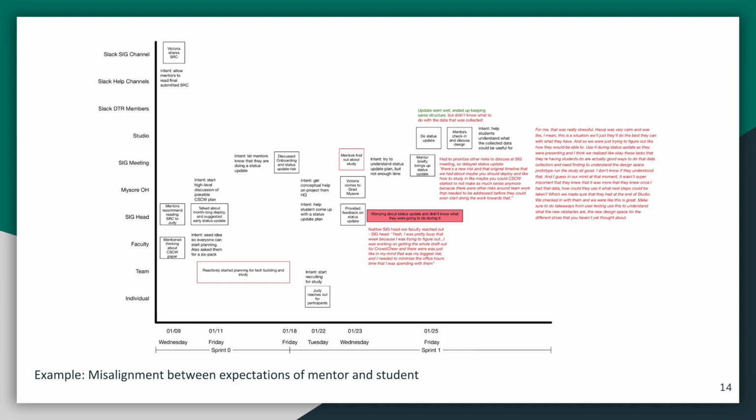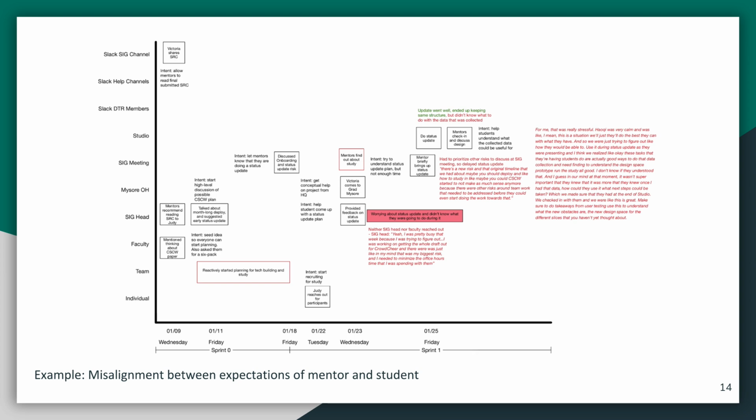And even though they talked about the idea, and they talked about concrete deliverables that they could start doing to figure out the conceptual contribution and what the contribution of the paper might be, what actually happened was that the student team reactively started building tech and planning out a study and running a study. And the mentor and the faculty mentor were unaware that this was actually happening until one of the other graduate students mentioned that they were being recruited for the study.